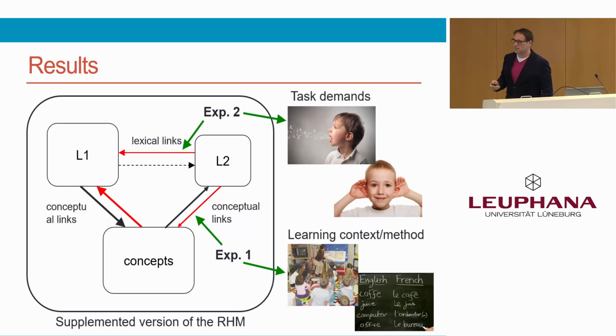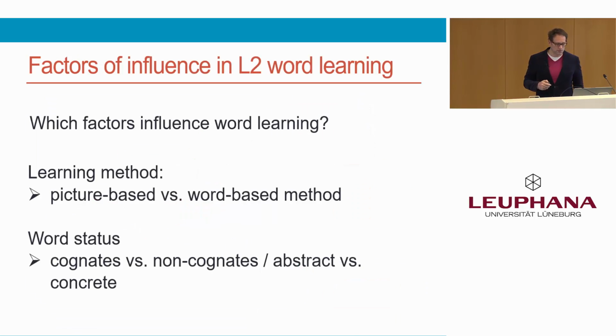So evidently learning method is one of the factors that features heavily in how you link words in your L2 to the concepts. So in the past 10 years, thus, there's also been a move towards trying to find which kind of learning method actually is more successful.